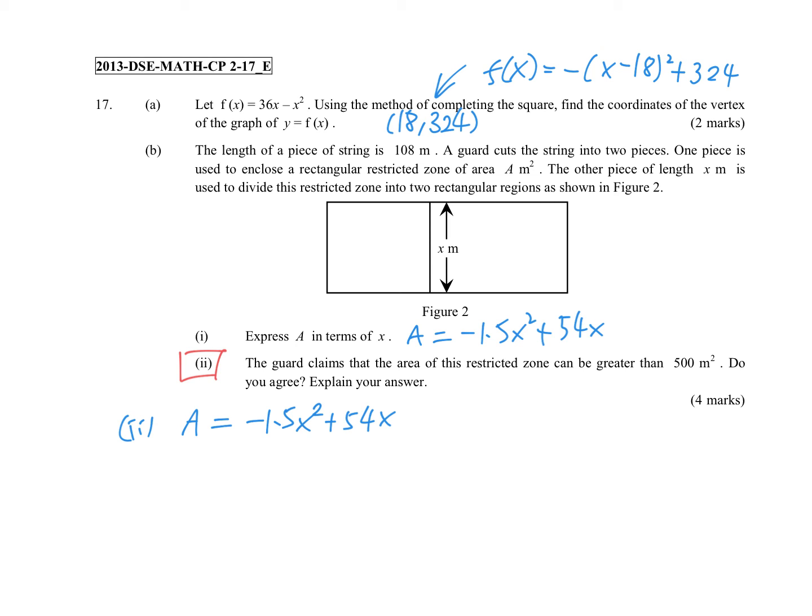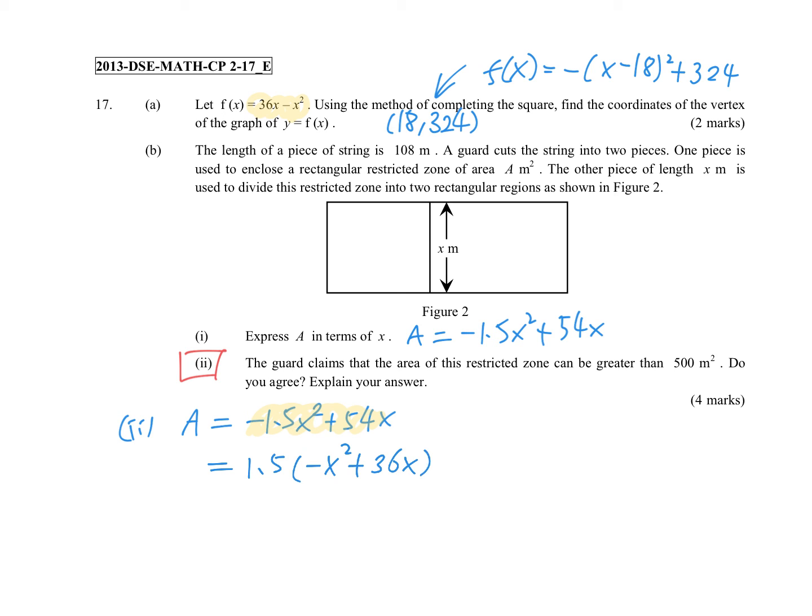By looking at this part, it seems that it is not really in common. But if you pull out the 1.5, everything becomes x squared minus 36x.